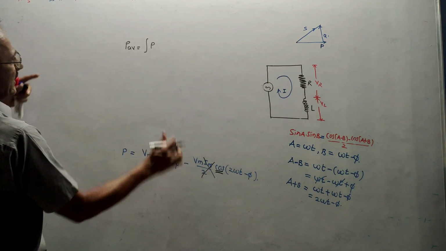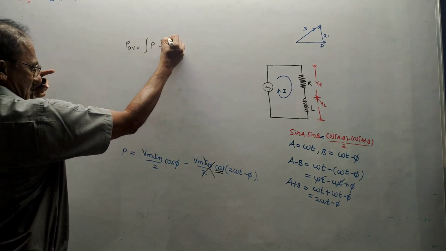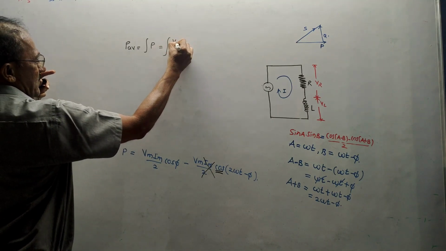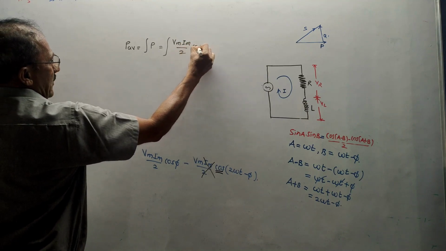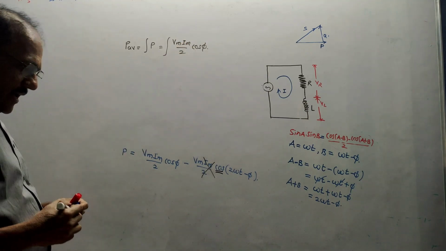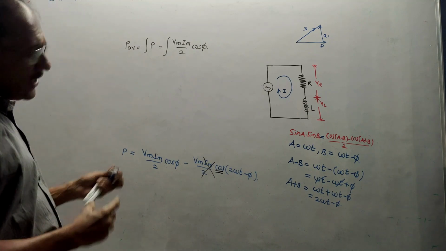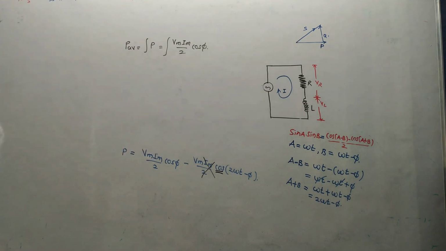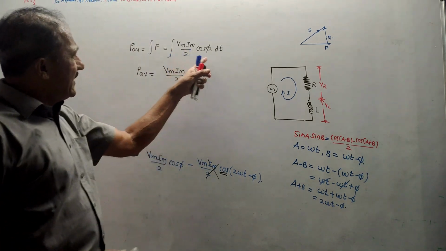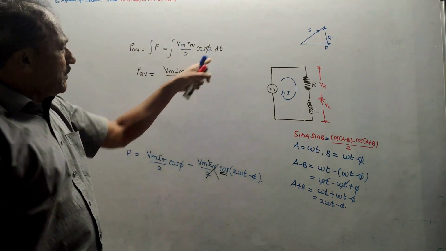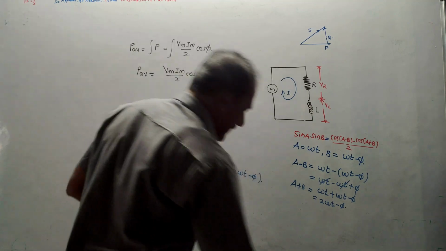I have to integrate only this term. So this equation becomes simply integration of Vm Im upon 2 into cos phi. Now let us solve this integration. This is a pretty simple integration because the entire term Vm Im upon 2 into cos phi is constant as far as the integration is concerned.